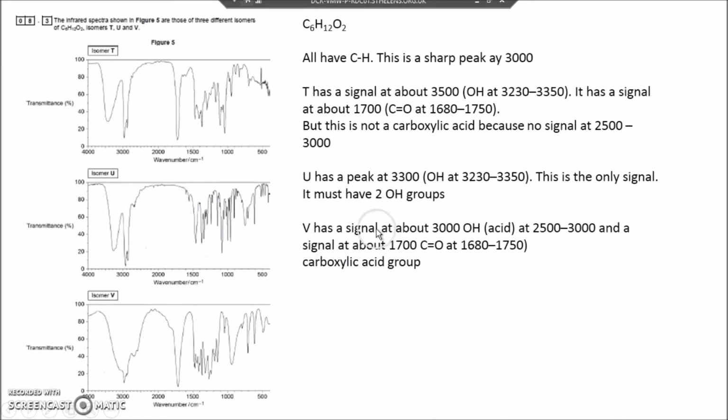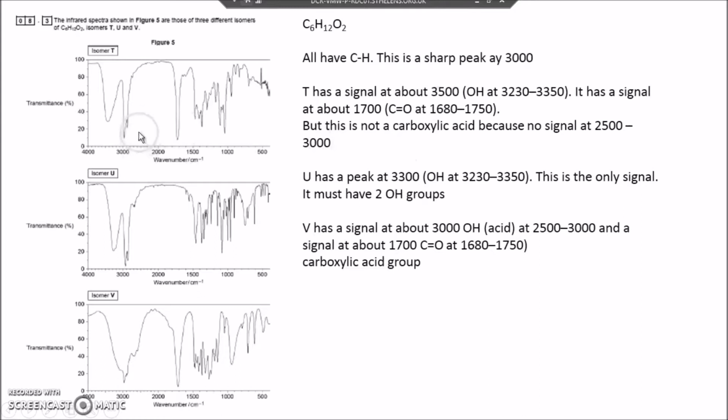So this one has got an OH here, it's got a CH here, and it's got a C double bond O here, about 1500, 1600, maybe 1700. It's got a CO, so it's got an OH here at 3500, a CO here, but it hasn't got a signal at 2500 to 3000.